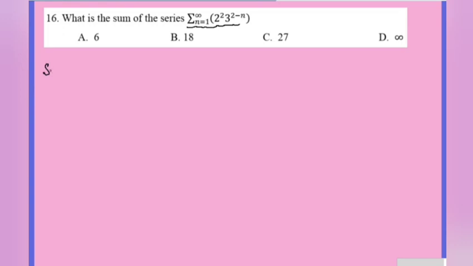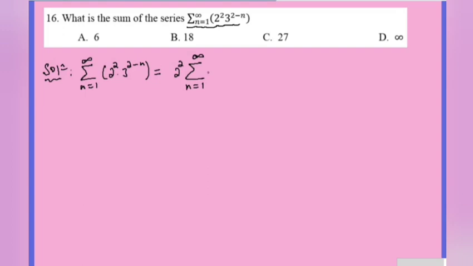This series can be written as the sum, n starting from 1 up to infinity, of 2 to the power of 2 times 3 to the power of 2 minus n. The 2 to the power of 2 can be taken out of the summation using the property of summation.